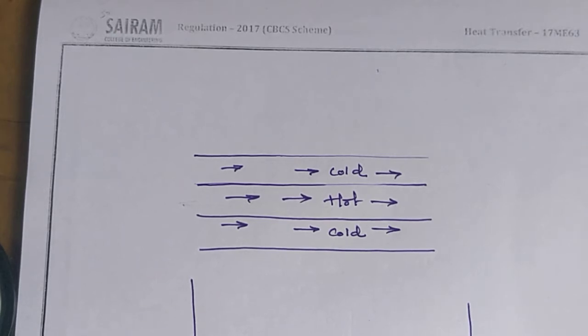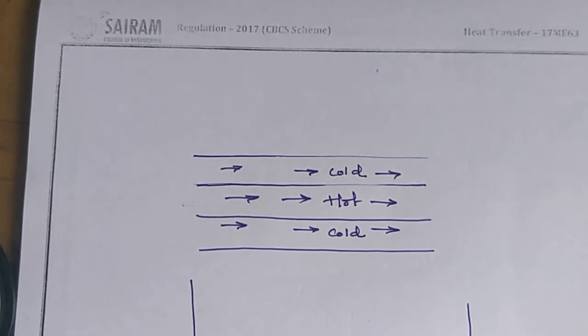There is no loss of heat to the surroundings, as the heat exchanger is perfectly insulated, and there is no change of phase of either fluid during the heat transfer. The changes in potential and kinetic energies are negligible, and axial conduction along the tubes of the heat exchanger is negligible. These are the assumptions made while deriving the equations.